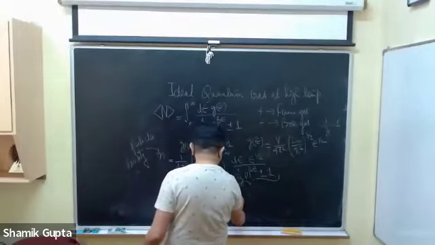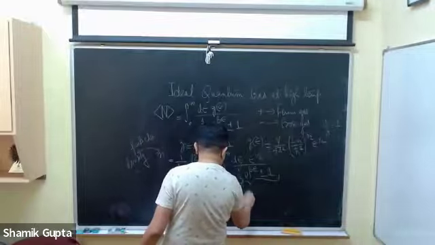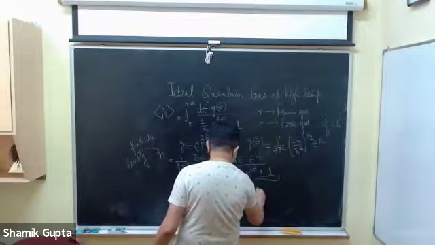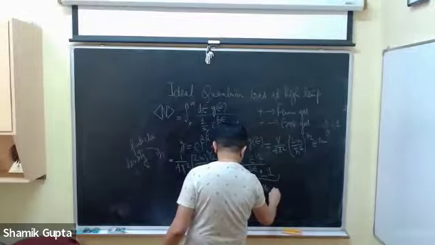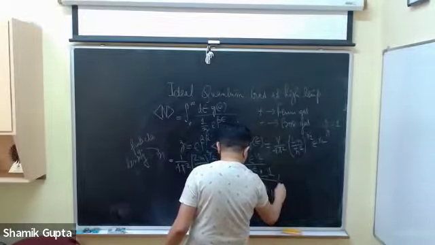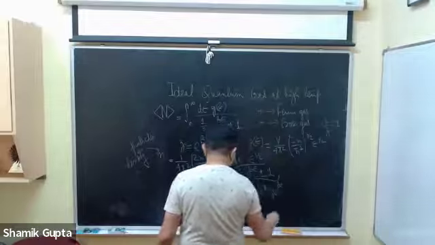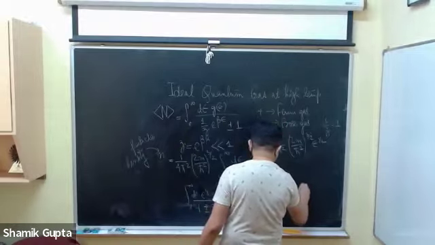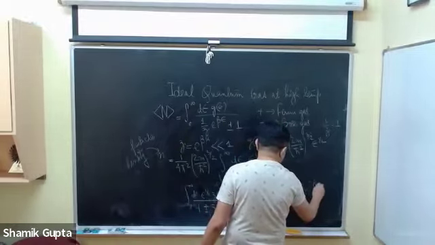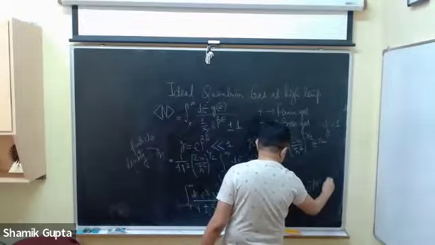I can pull this out. So this is equal to the integral from 0 to infinity of epsilon to the power half, z e to the power minus beta epsilon, times 1 plus minus z e to the power minus beta epsilon, to the power minus 1.